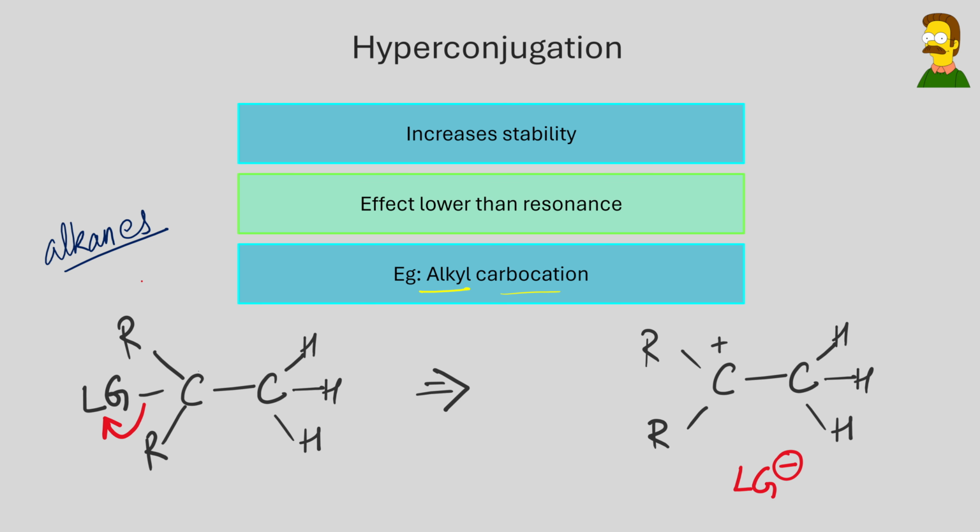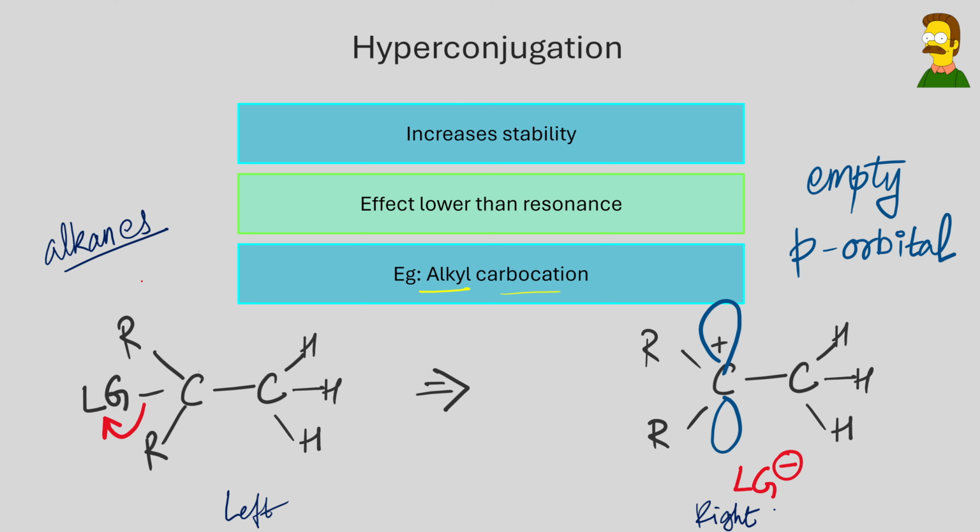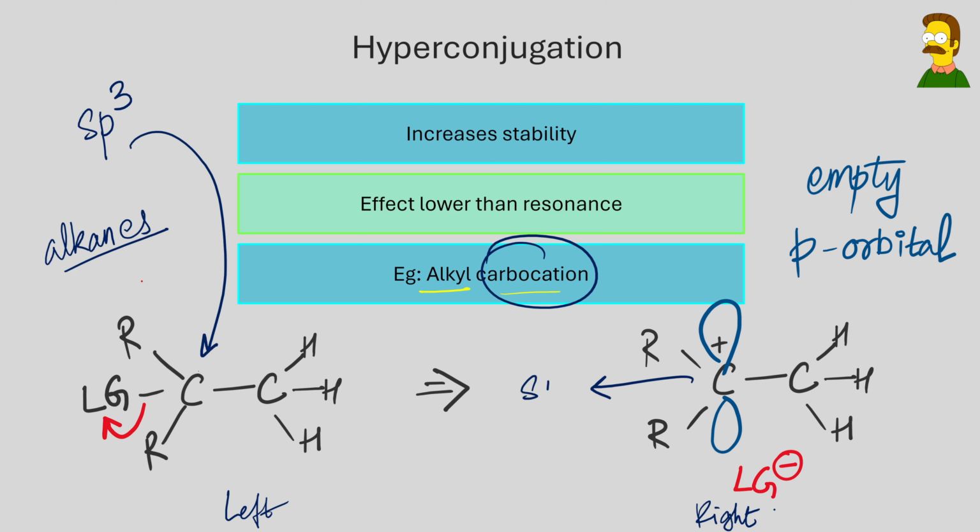If you remember the concept of hybridization from chemical bonding, then you will notice something has changed drastically between this thing on the left and this thing on the right. What is that? You have an empty p orbital on this species on the right, which is a carbocation. What that means is an sp3 hybridized carbon over here has changed to an sp2 hybridized carbon.